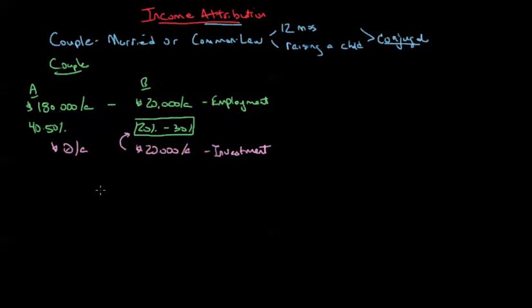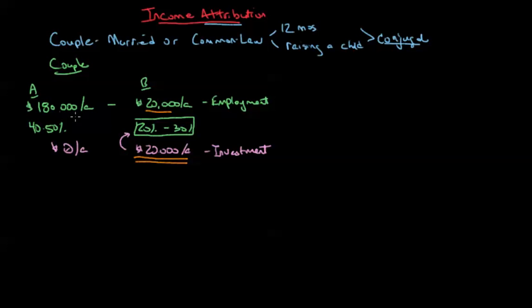However, and this is where we get into trouble, the Income Tax Act says, hang on a second here. Where did spouse B get the funds from to earn $20,000 of annual investment income? This doesn't make a lot of sense. B only makes $20,000 a year. That seems like a pretty big stretch to have generated that much through investments.